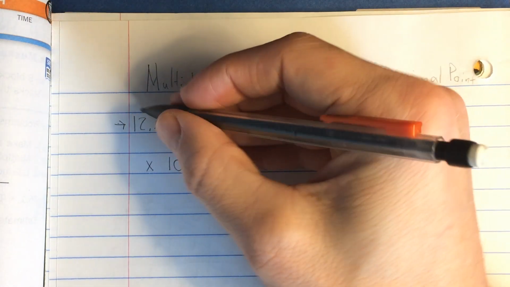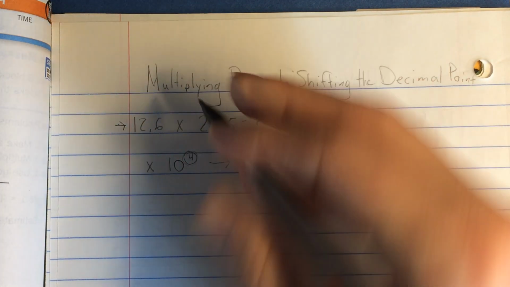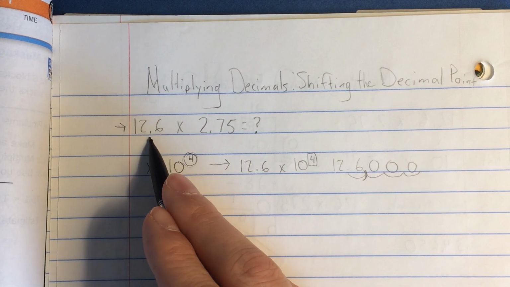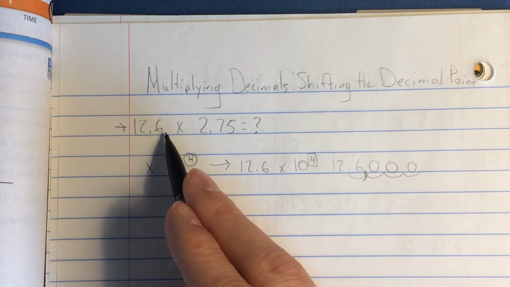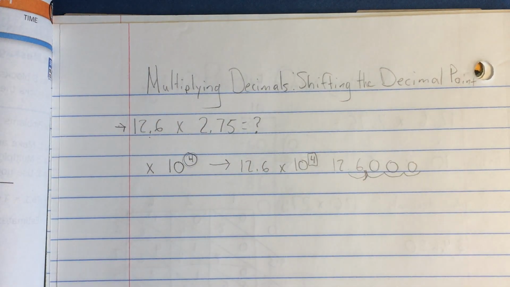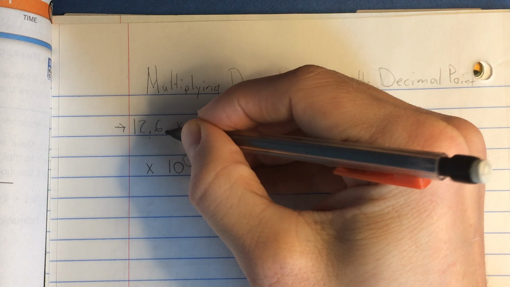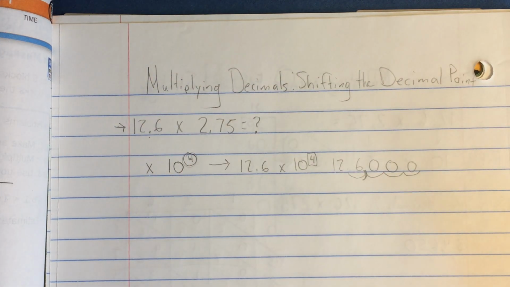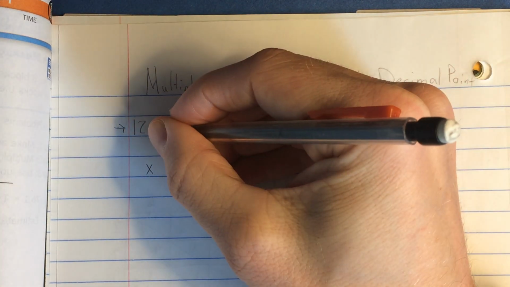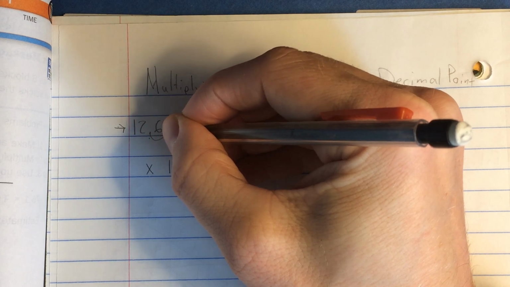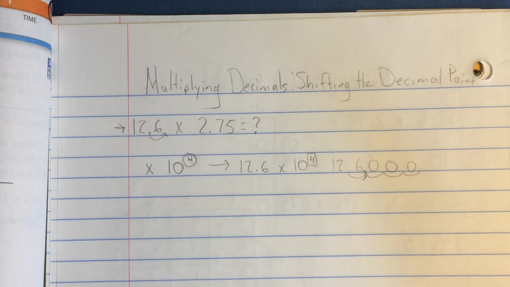For instance, my question to you is, how many places do we need to move this decimal point to make it a whole number? For instance, 126 is a whole number. So how many places would we have to move this decimal point to make it 126? And if you look, we only need to move it one spot.